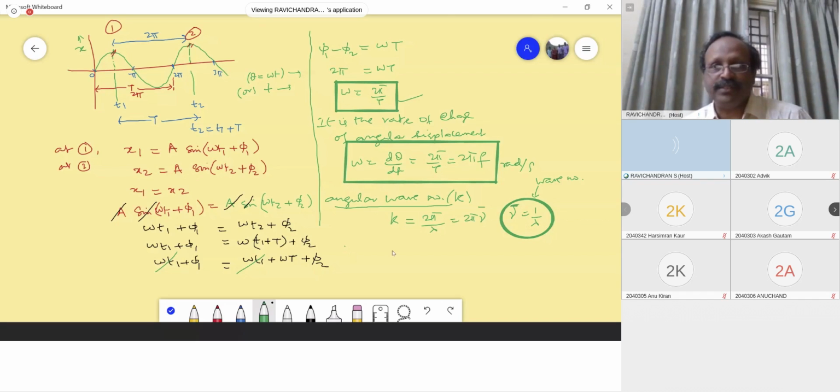Therefore, one more term that I want to find out: omega by k is equal to 2 pi f divided by 2 pi by lambda, which is f lambda, which is equal to v. So another important equation, v is equal to omega by k.